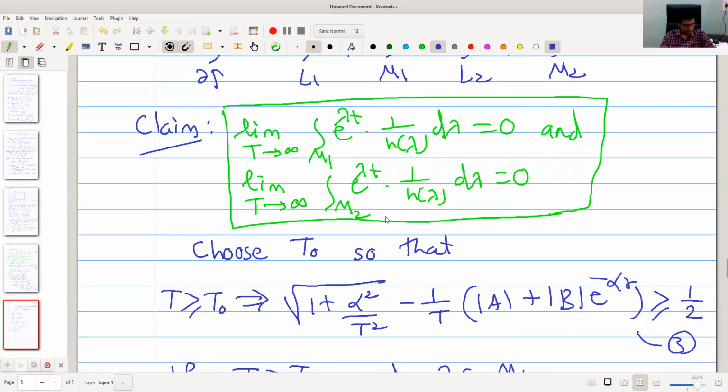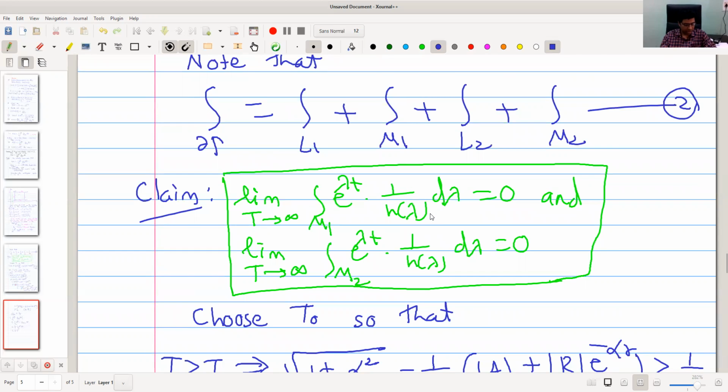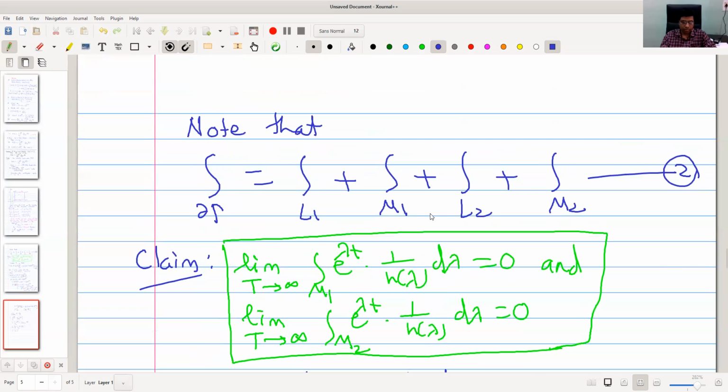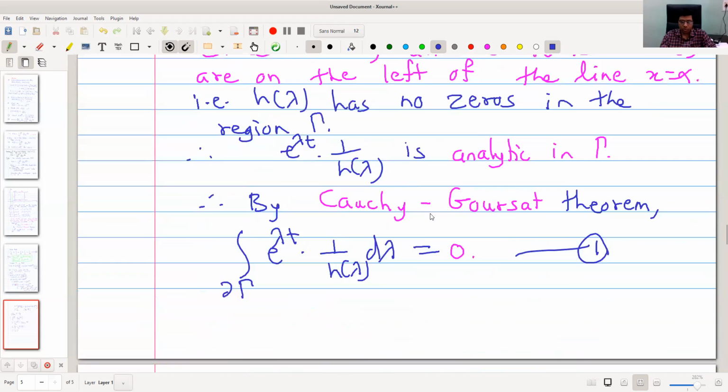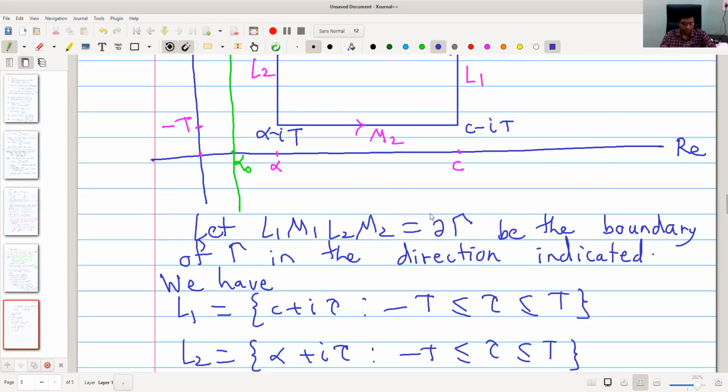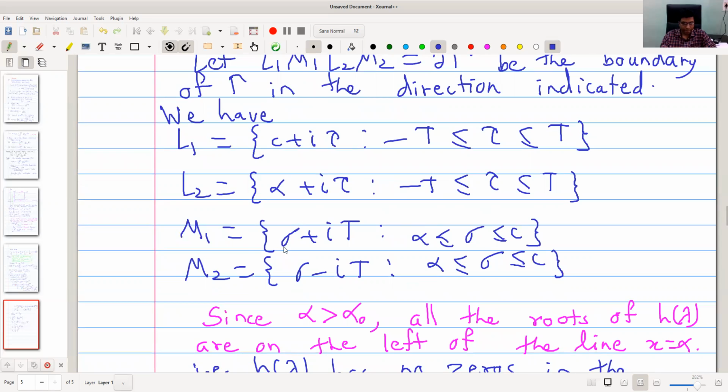So what is that? M1 means the line from c plus it to alpha plus it.